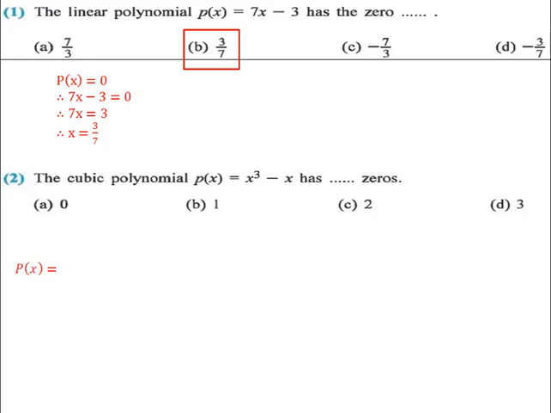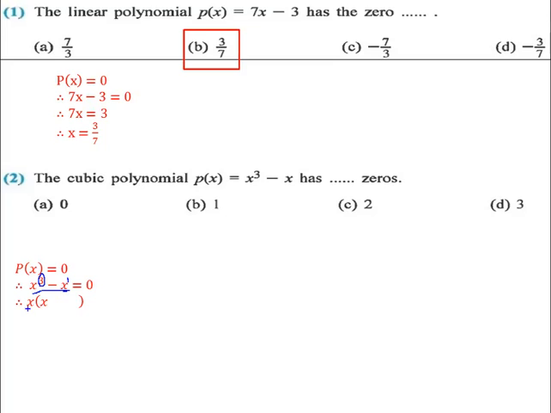P of x is equal to 0. Therefore, x cube minus x is equal to 0. Here you can see x cube minus x. Here the power is 3 and here the power is 1. The lowest power may be common.